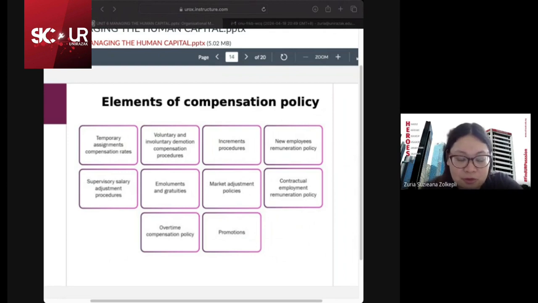The purpose of this program is to reward individual employees for their contribution in terms of performance. It can be a very common one, lump sum bonus. For this program to work, managers must specify the relationship between the employee's pay and the expected level of performance. Normally, we will do performance appraisal, KPI, and so on.